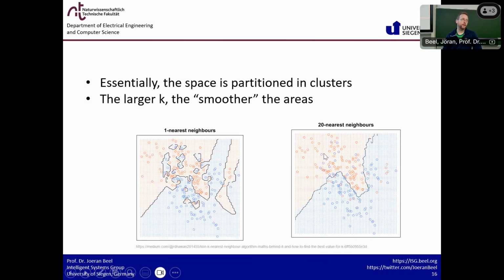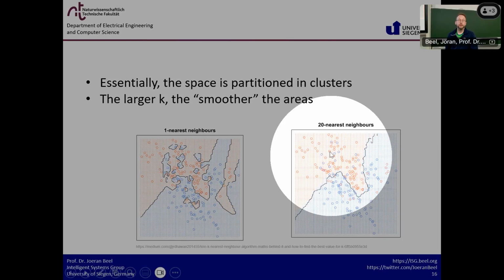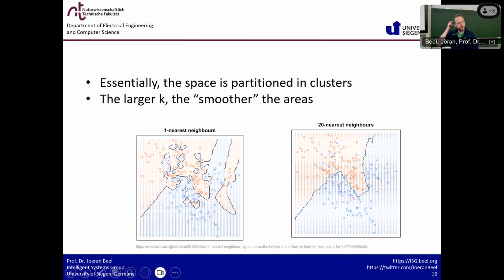So with K equaling 20, if you pick some instances randomly, you would maybe have incorrect predictions, even though in practice this might work better. What if K equals M? M is the number of data points in your data set.